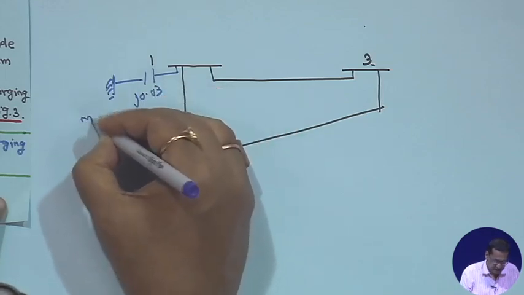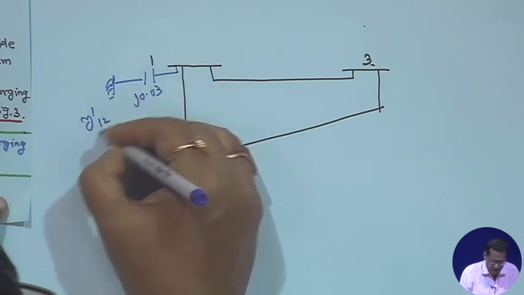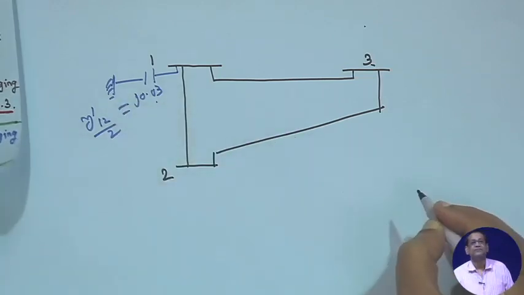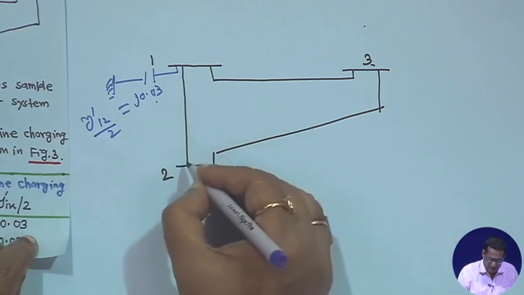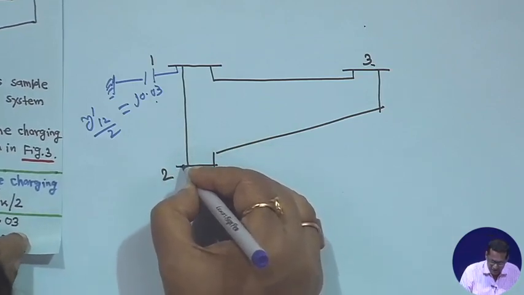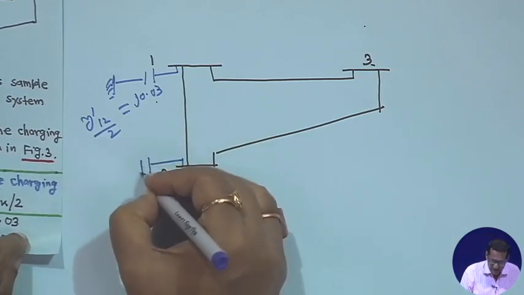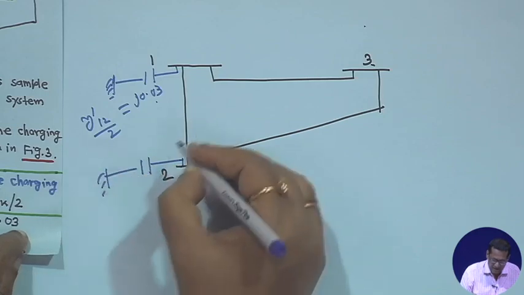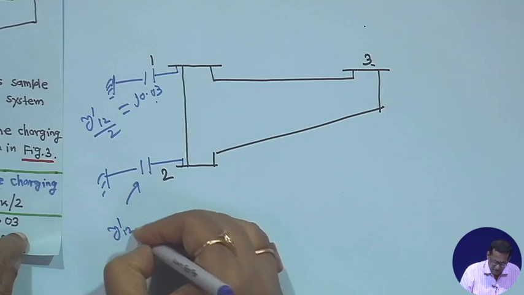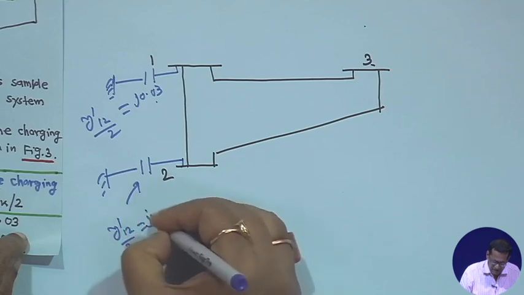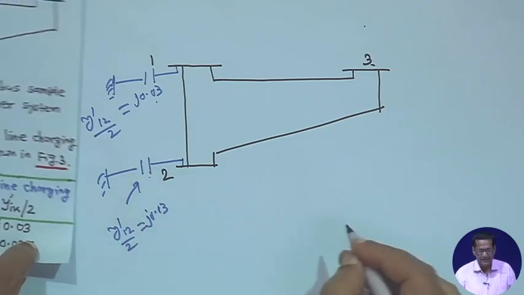This is actually y dash 1 2 by 2, this is given. Similarly, this side also, because of this, y dash 2 by 2 is equal to j 0.3 on this side, and it is given.